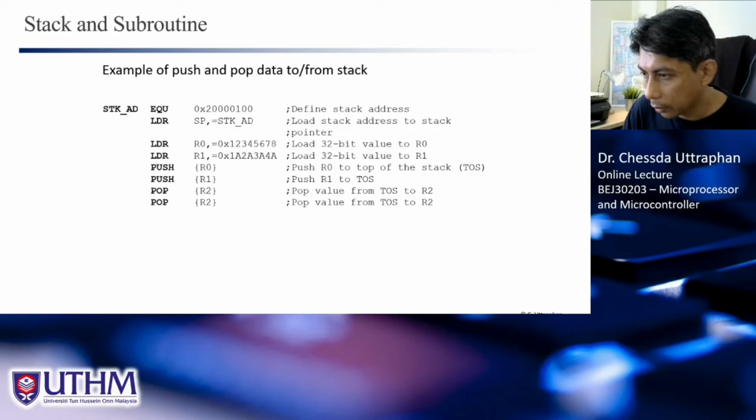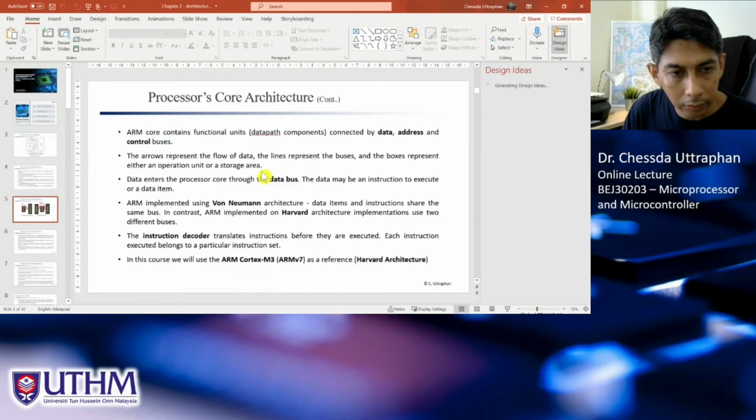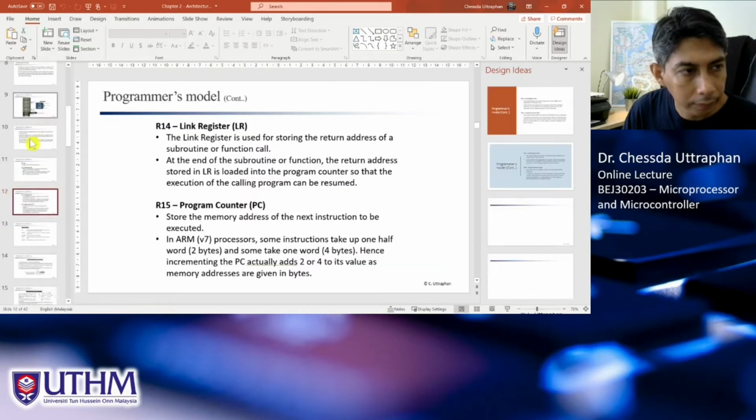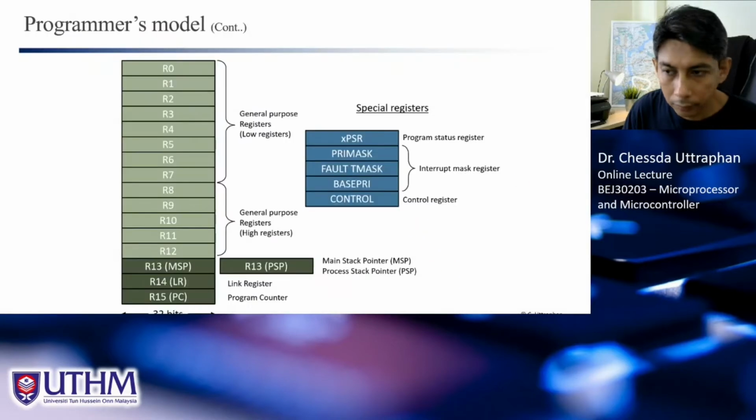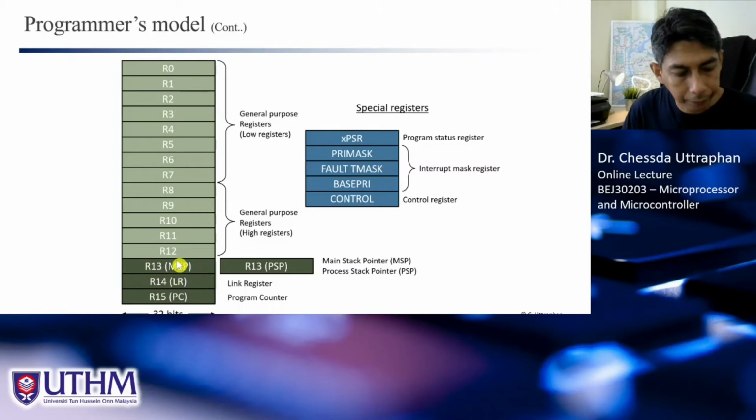So let's go back again to chapter 2, where we have this R13, which is the stack pointer. This is the register that holds the address of the top of the stack, TOS, the stack pointer. So it will always point to the top of the stack.